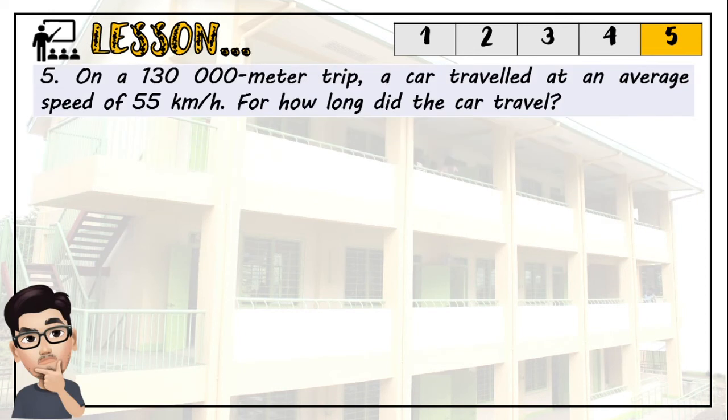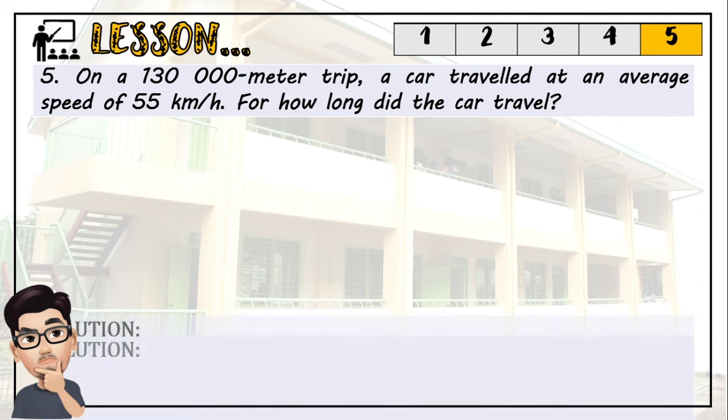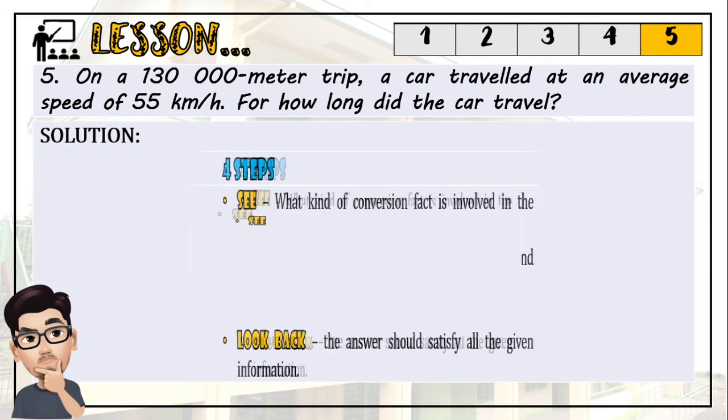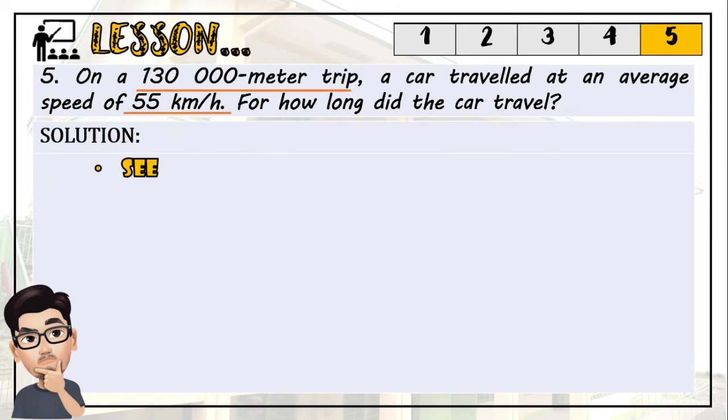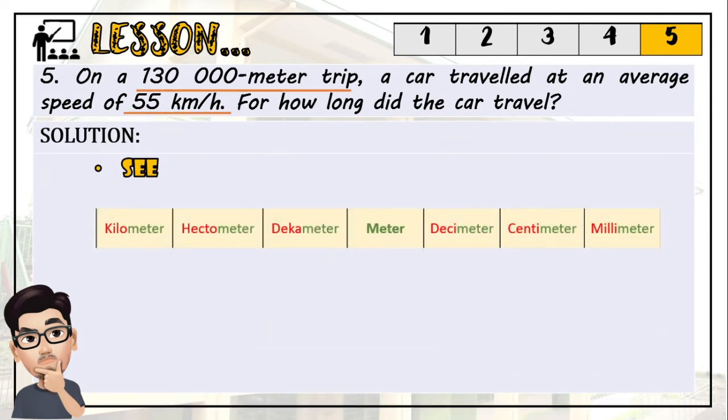Okay, last one. On a 130,000 meter trip, a car traveled at an average speed of 55 kilometers per hour. For how long did the car travel? So in this case, we need to convert the 130,000 meter trip into kilometers. Why? Because the average speed of the car is 55 kilometers per hour.